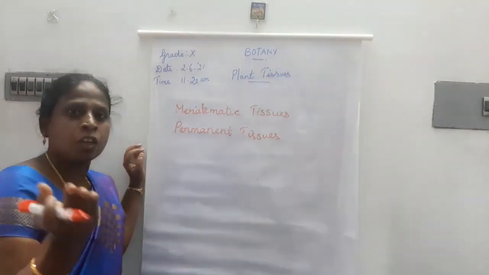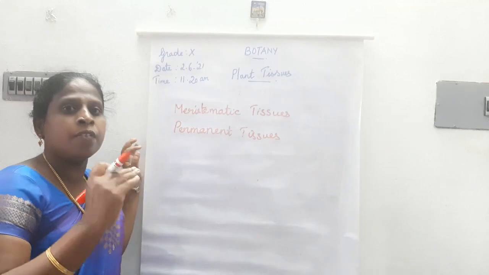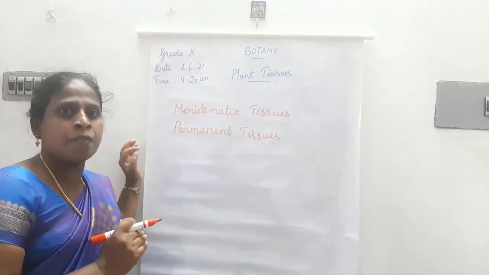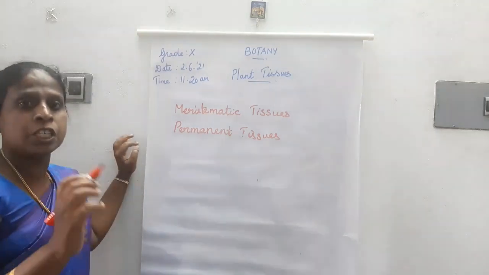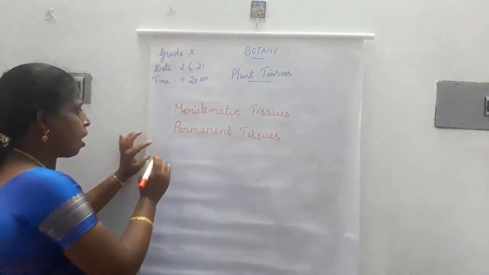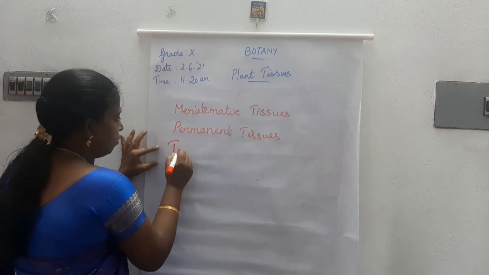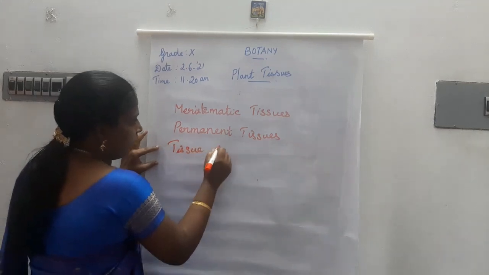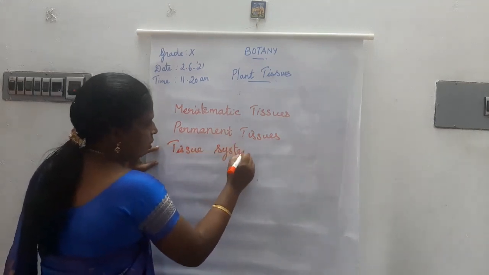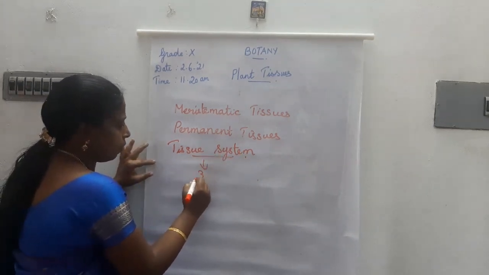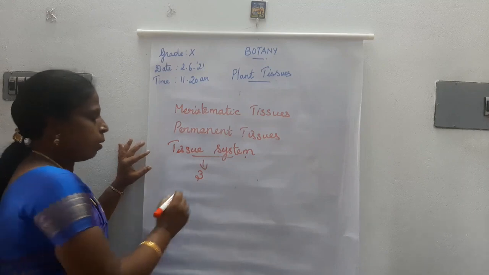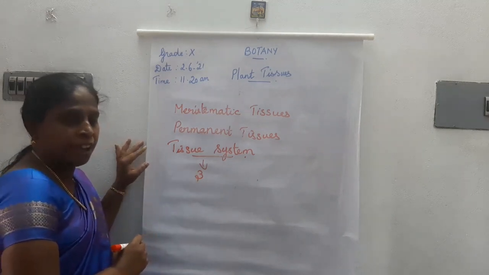See, when we take the cross section or transverse section, we can see the different types of tissue system. There are three main basic tissue systems present in the flowering plants.